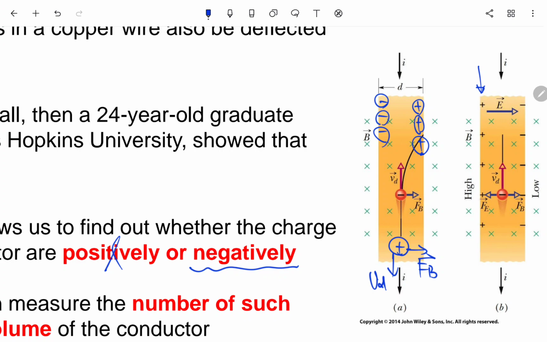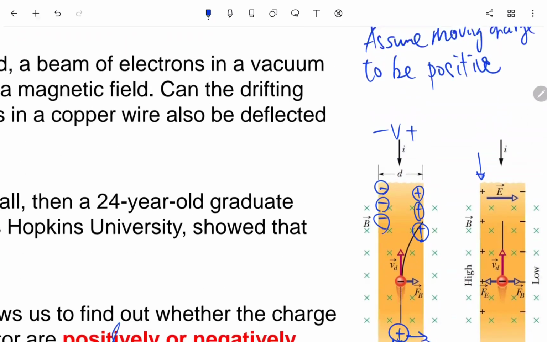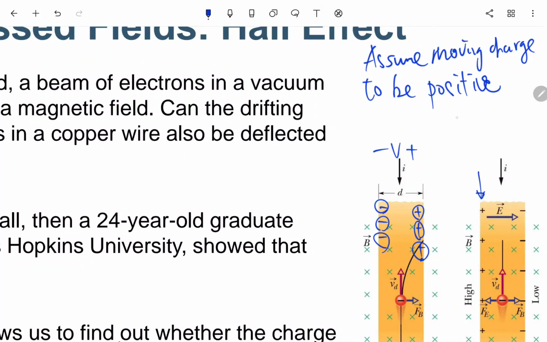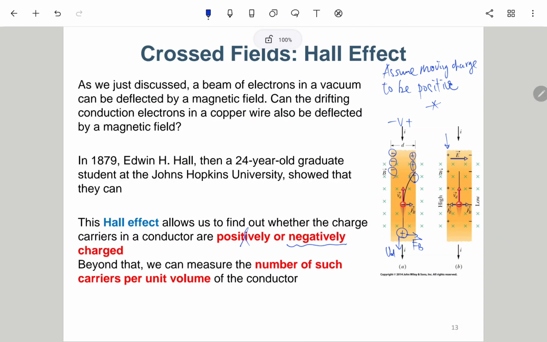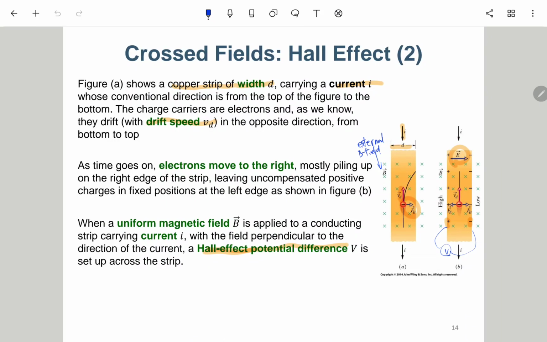In this case, there will be the opposite polarity of the potential difference across the strip. So it is not okay to have the moving charge be positive. Okay, so far any questions?